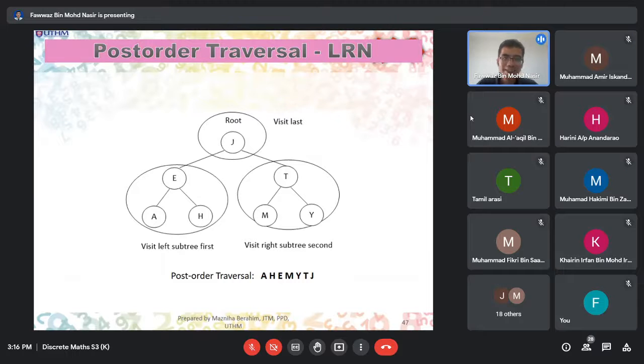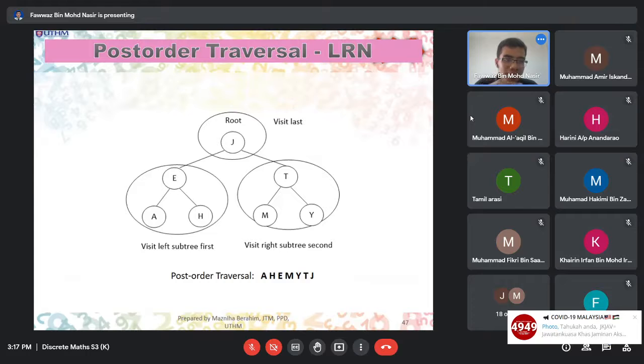So basically we just look at which order is asked. For pre-order, the keyword is we go to the root first. We go to the current node and then the left child and the right child. For in-order, we go to the left child first, then the root, then the right child.